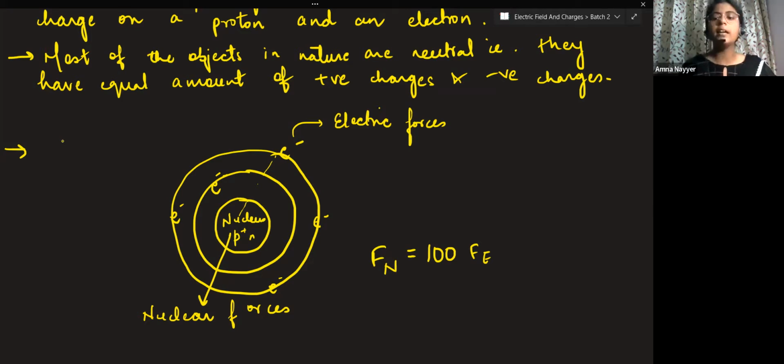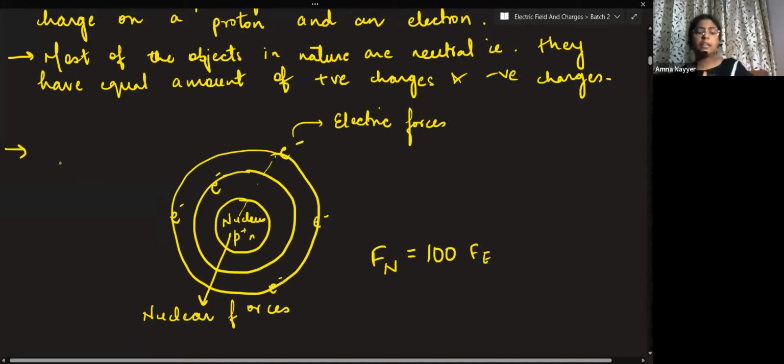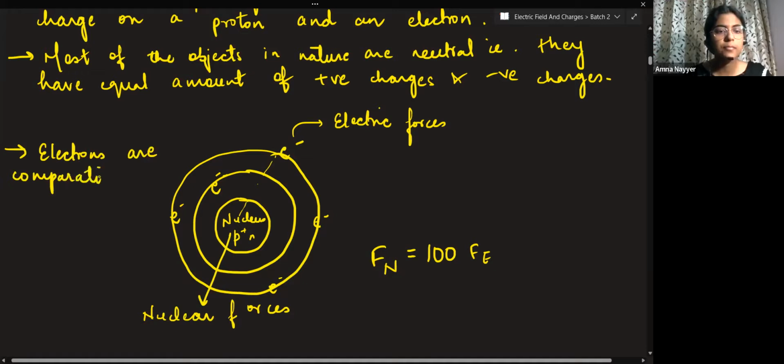The reason behind it is simply the strong nuclear force and the weak electric force, weak in comparison. So electrons are comparatively weakly bound than the protons.